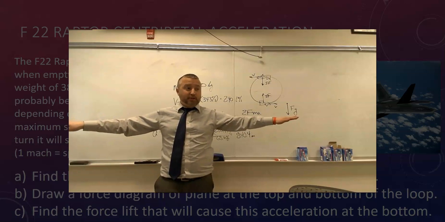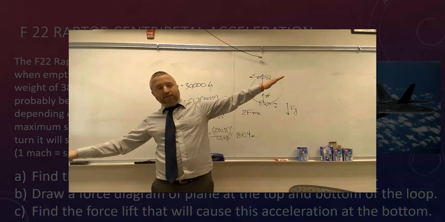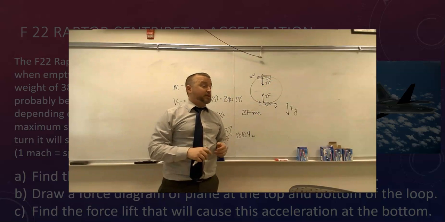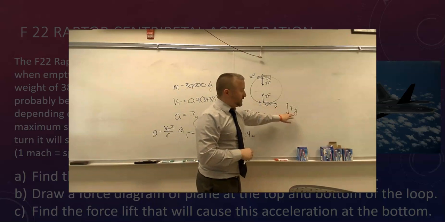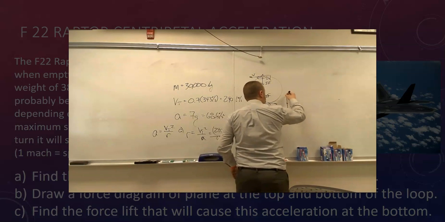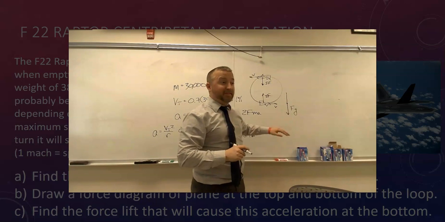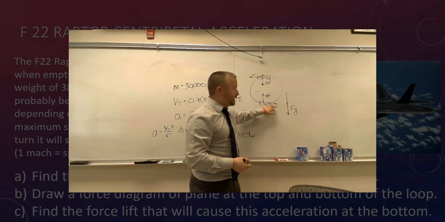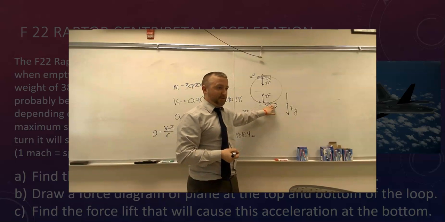Okay? Of course, if the wings tilt, which may come into play in a later problem, then that would be a force normal going still perpendicular to the wings. Now, in this particular case, we have force gravity down, and we should have force lift up, and this is the mistake that people usually make. They just make them equal, and that's fine. But Newton's first law says if they're equal, this velocity should stay constant, both in magnitude and in direction.